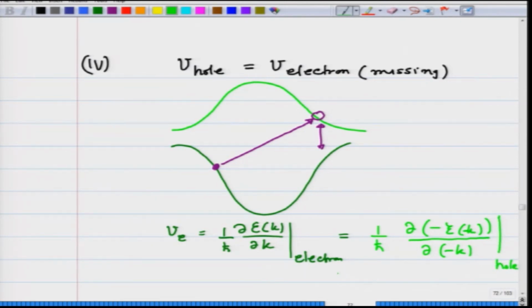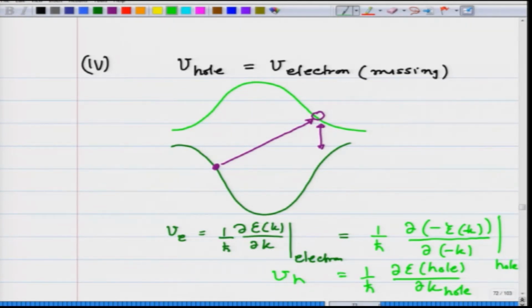So, which I can write as 1 over h cross dE hole divided by dk hole. So, what you see mathematically is that the group velocity of the electron is exactly same as the group velocity of the hole. So, I can write that V e equals V h, and this is what I used in the previous slide.